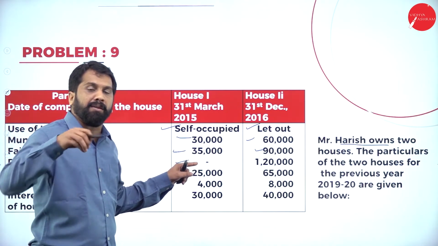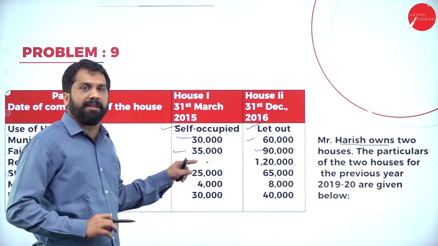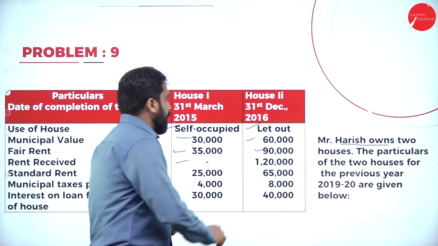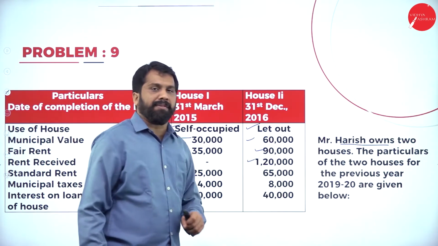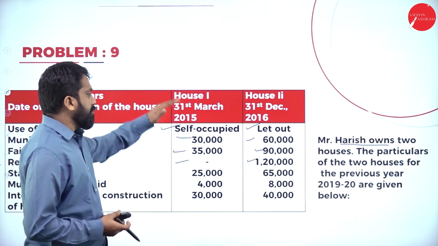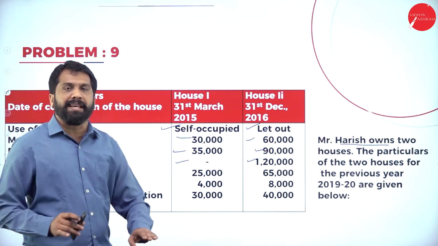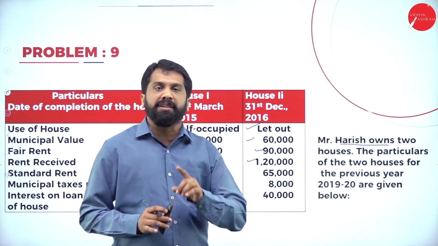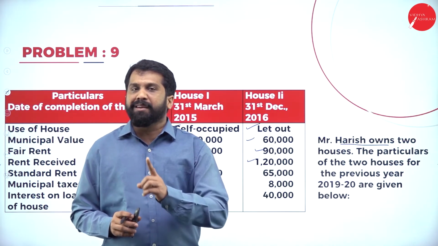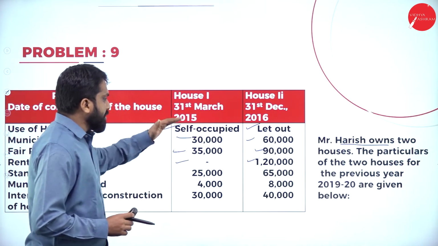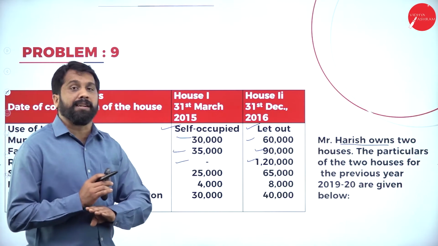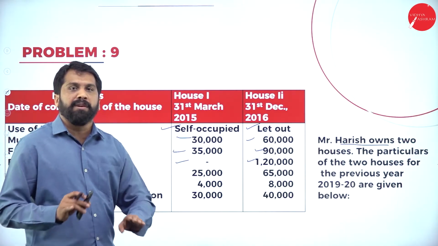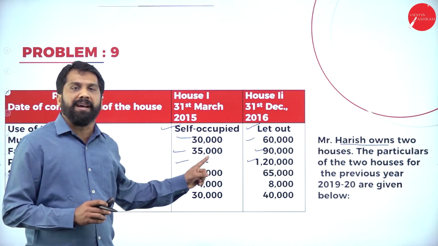Why? Because you are only occupying, you are only living in that house. So next, let out, it is 1,20,000. Remember, for self-occupied, we will not do any calculation. Is there any deductions like interest paid? We consider only interest paid. Again, I'll repeat, whichever is higher, whichever is less, those kinds of calculation we will not do for self-occupied.